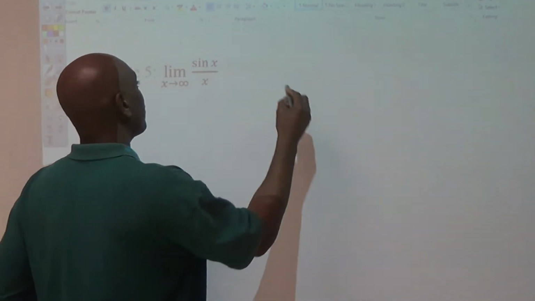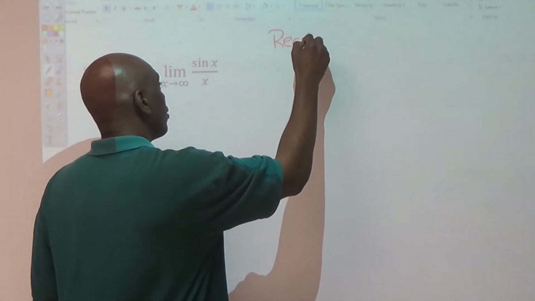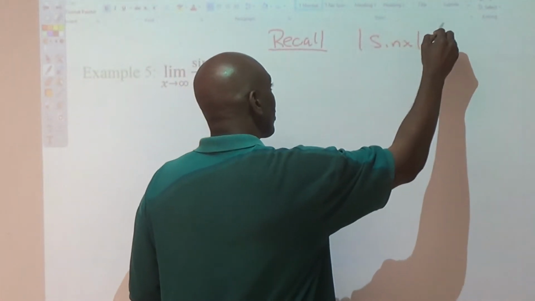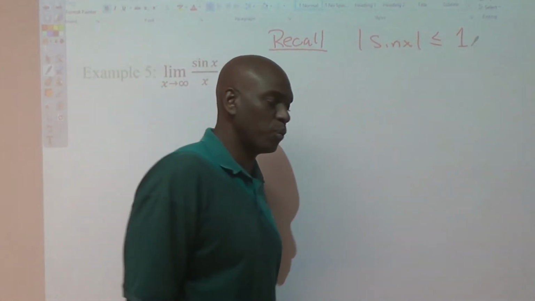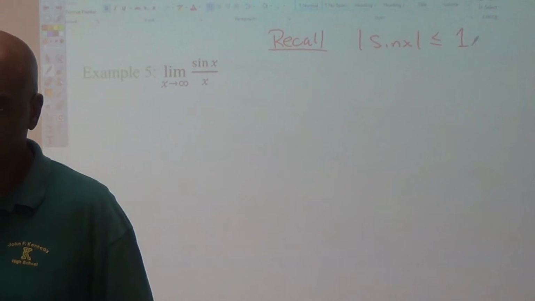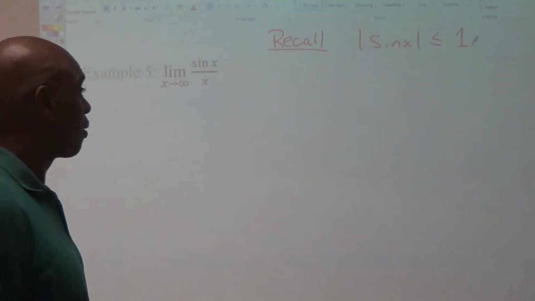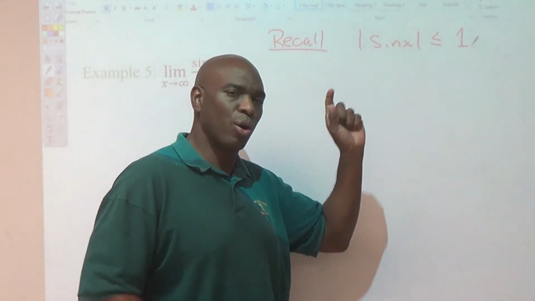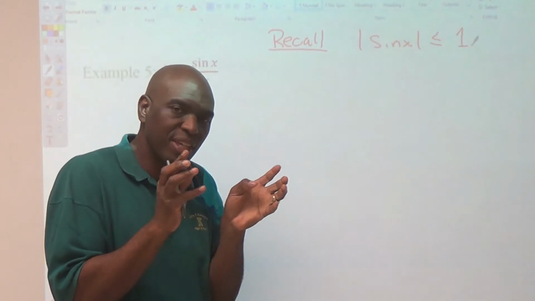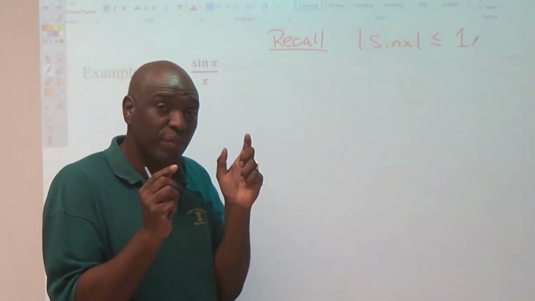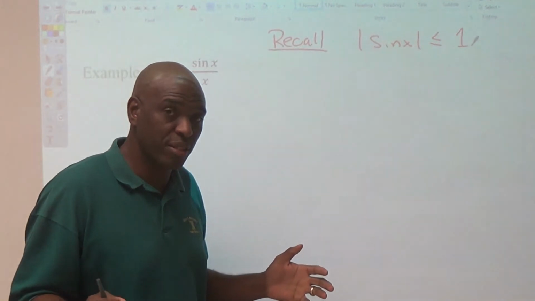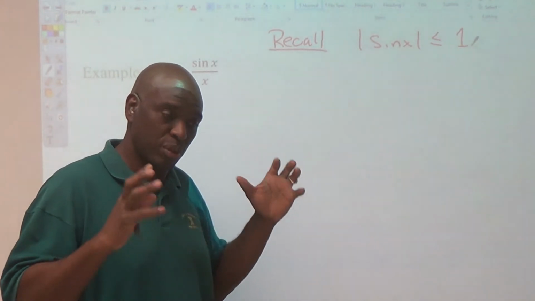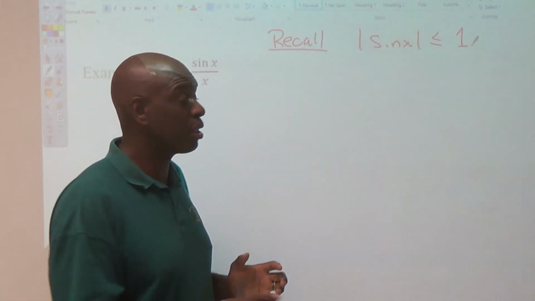First, you have to recall that the absolute value of sine x is less than or equal to 1. What this implies is that all the values of sine x, the sine of any angle, are sandwiched in the inclusive interval between negative 1 and 1.